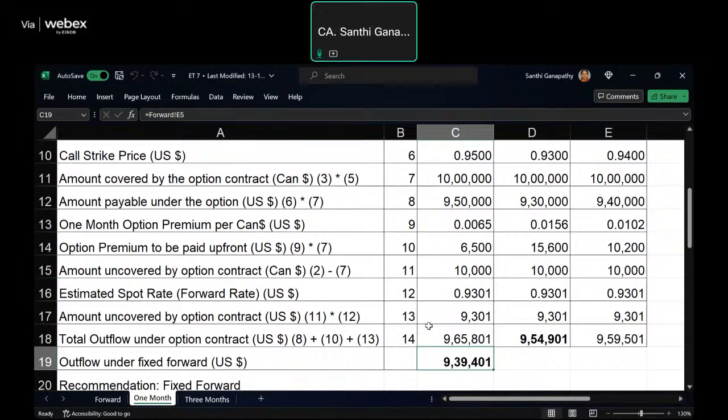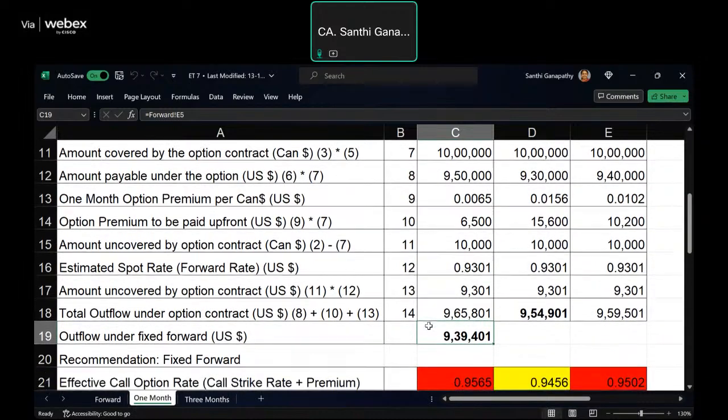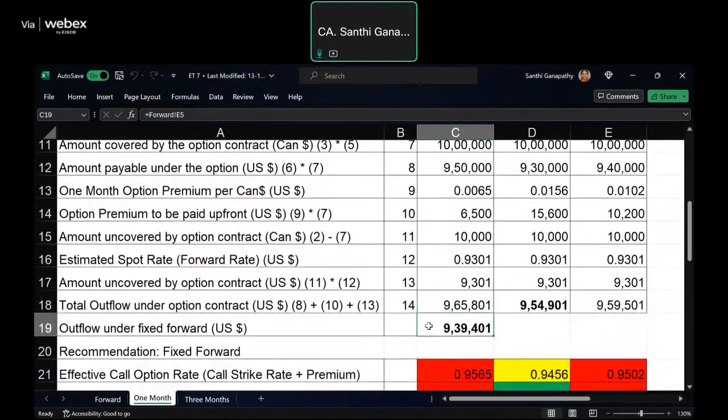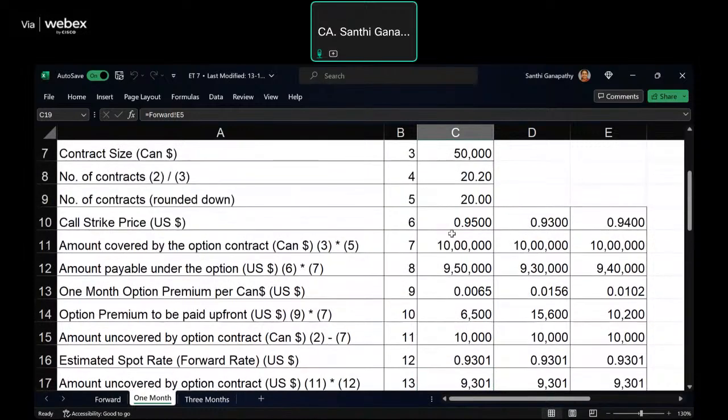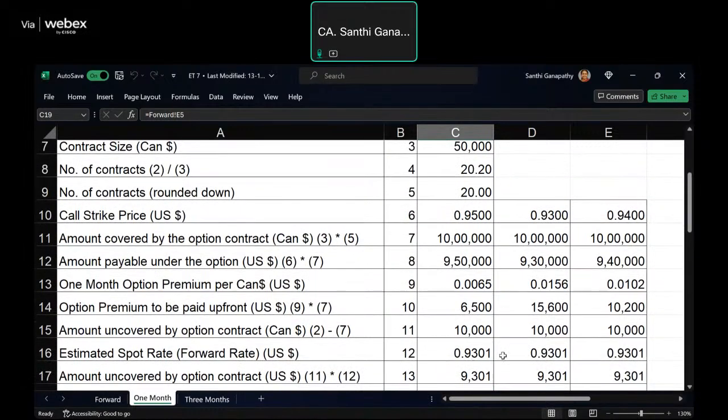Okay, now I told you there is a reason why we will do all three, even though the question requires you to do only one. The reason is this. I know that for the balance, I'm going to use forward rate to be the expected spot rate. So there will not be any difference there. It is only for the amount which is covered by the option contract.